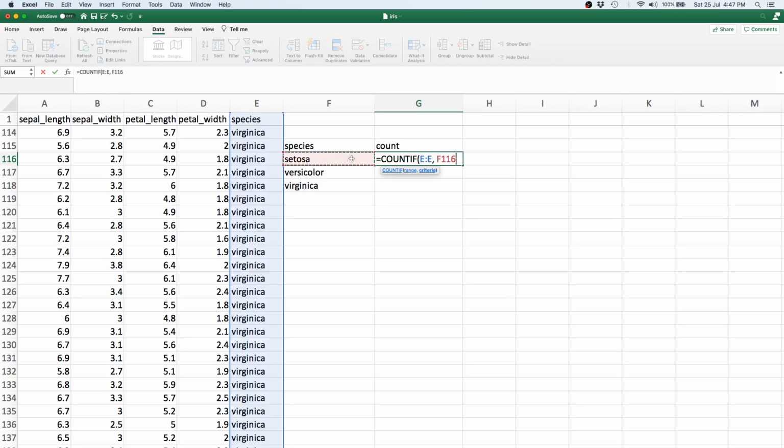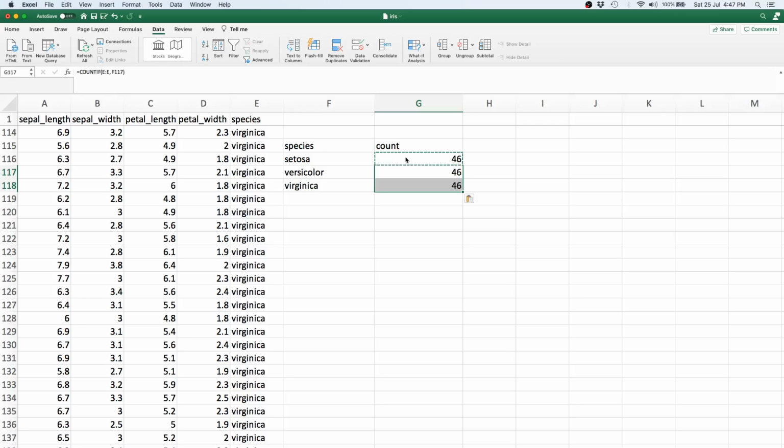What I mean by this is count the whole column E to E if any value matches Setosa, and then I can just press enter, and it tells me that it has 46. Similarly, I can just copy and paste it over the new cells, and it gives me 46. Here I'm saying count all the values in species such that they are Versicolor, count all the values in species such that they are Virginica. So that's how I get my count values.